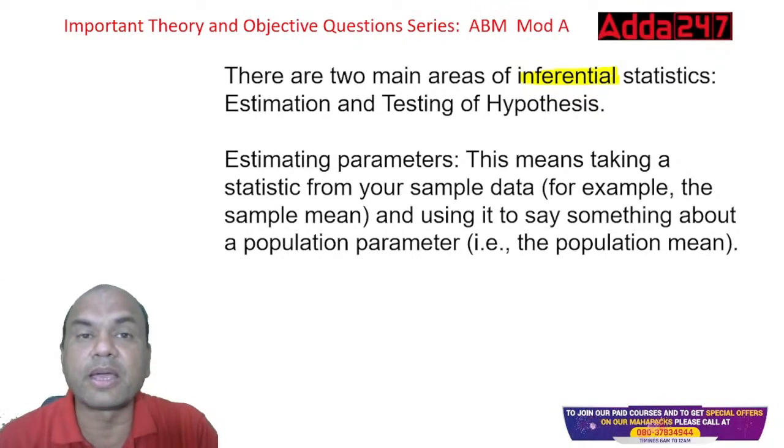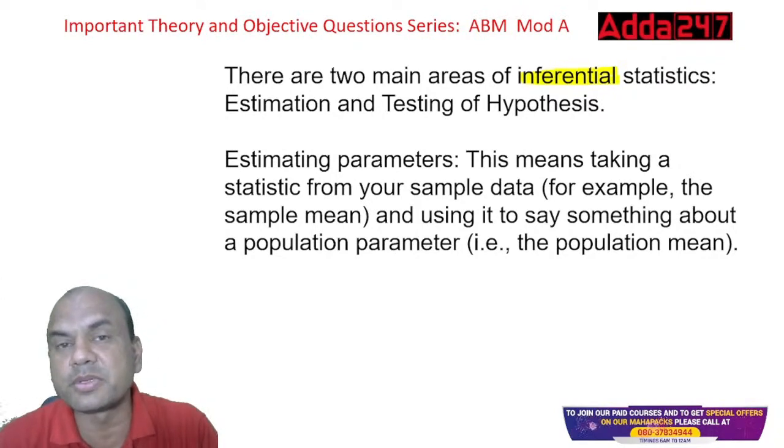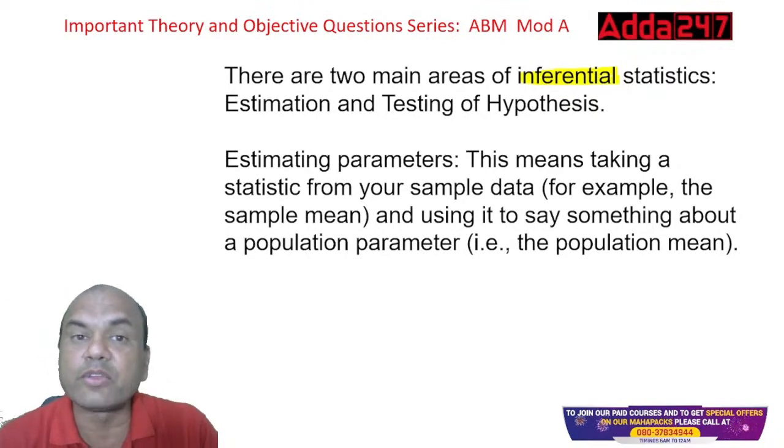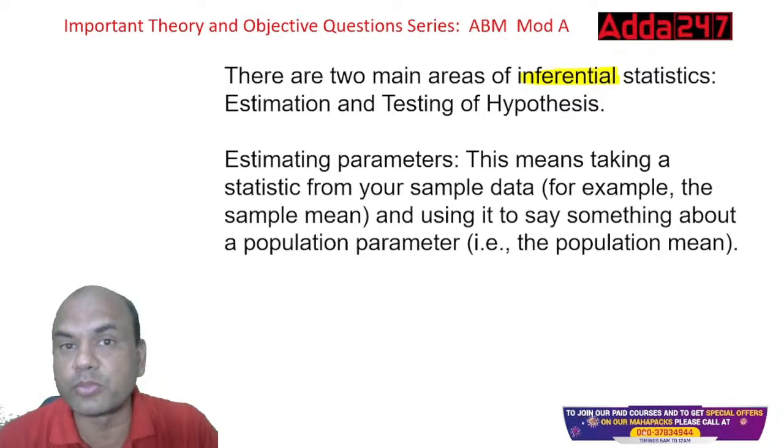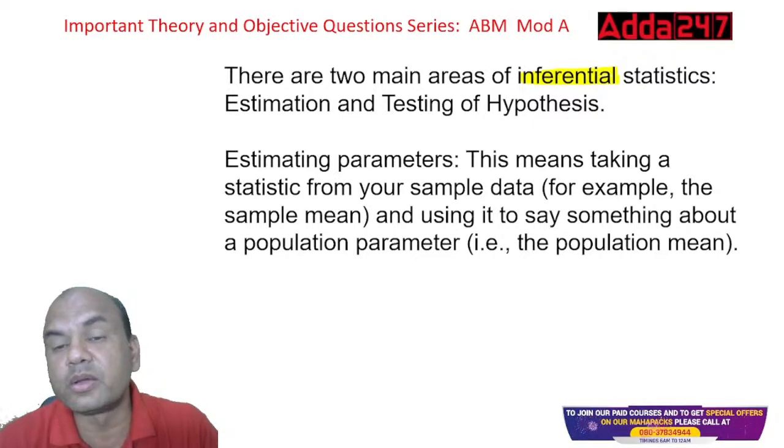Estimation means I am sitting on the bench and doing the calculations, and testing of hypothesis means I assume something and go on the field and then find out the real answer. Estimation means doing the calculations more. This is going on the field more.